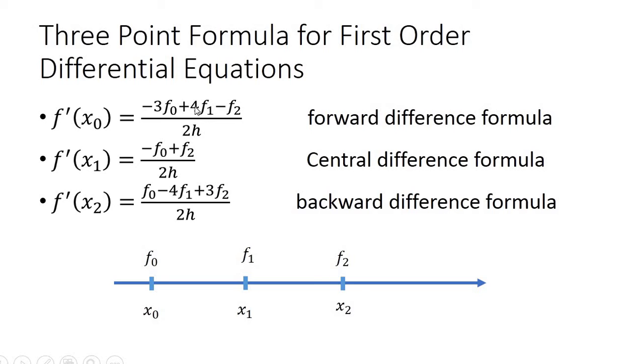And then the forward difference, you are starting from f of 0. So this is what we get. And then the central, this will be at x1, so we are using this one plus this one. Take note of that.